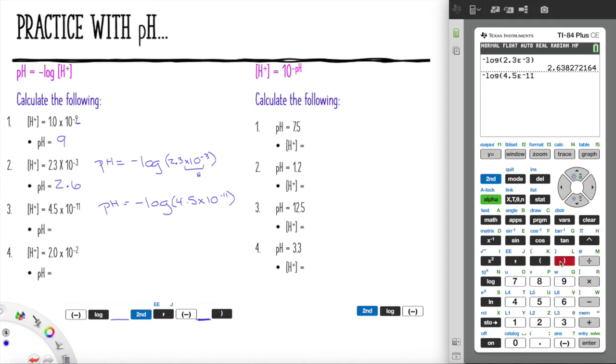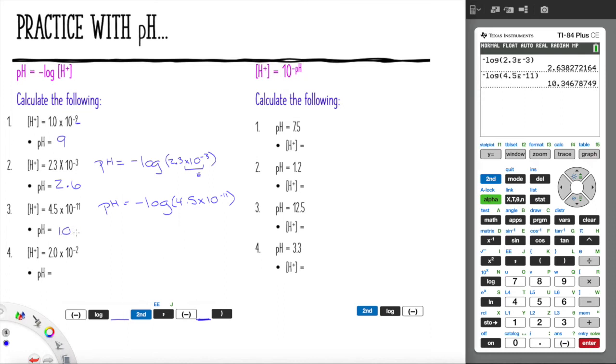I'm going to close my parentheses and hit enter. And that tells me that my pH here is going to be 10.3. And actually, I should only have 2 numbers there since I had 2 numbers in my coefficient. So my pH is just 10. Okay. All right, so let's do number 4.